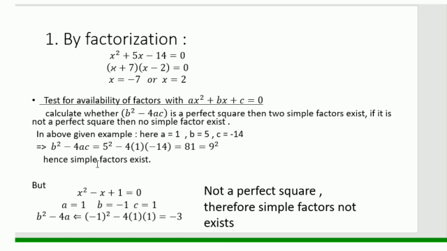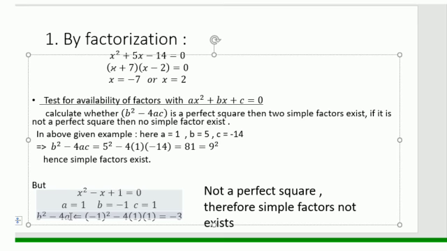Similarly, you can solve a second example: x square minus x plus 1 equal to 0. The value of a is 1, the value of b is negative 1, the value of c is positive 1. When we substitute in b square minus 4ac, we get minus 1 square minus 4 into 1, which is minus 3. Now focus on the result minus 3.